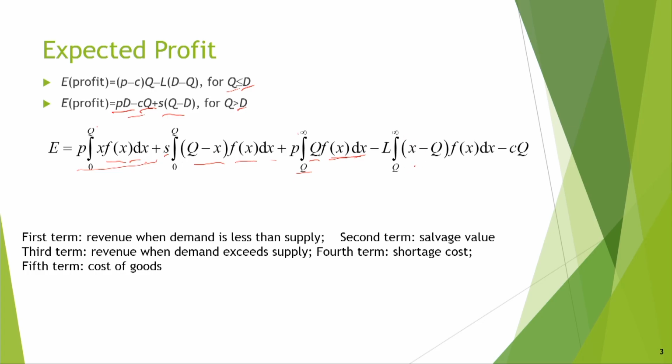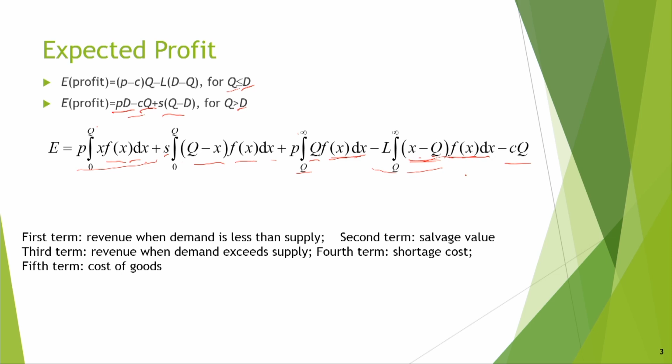So the integral from Q to infinity of (x minus Q) f(x), because suppose you have only purchased Q units, but demand might have been more. Suppose demand is x, then x minus Q is the units you are not able to supply, and its probability is f(x) dx. So f(x) dx into x minus Q is the type of loss to you. And minus CQ, because anyway you have purchased Q quantities, so you paid CQ.